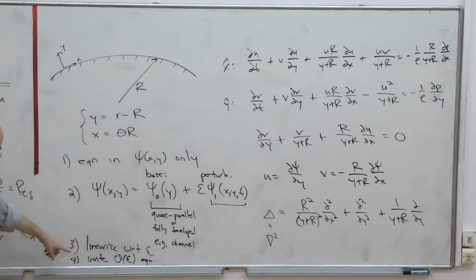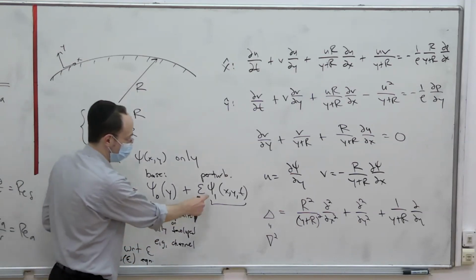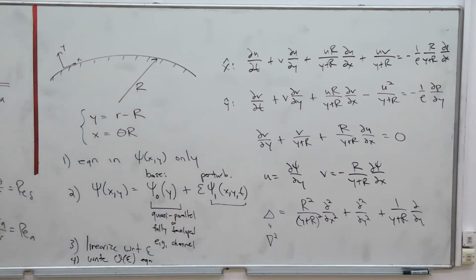So our final step is we're going to write just the order epsilon equation. The order epsilon equation is the equation that governs psi 1. So let me write down that equation.